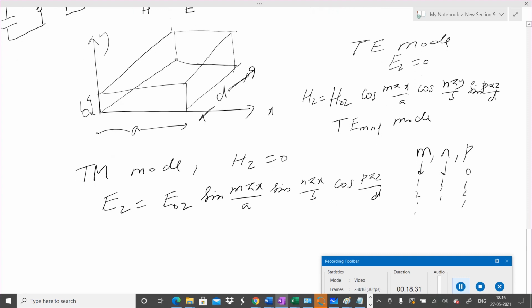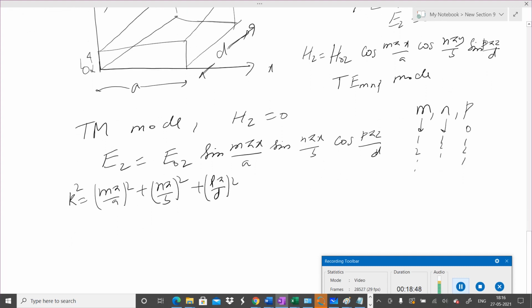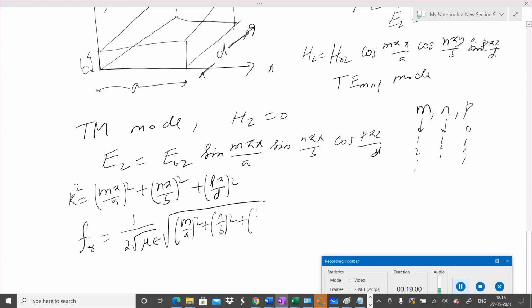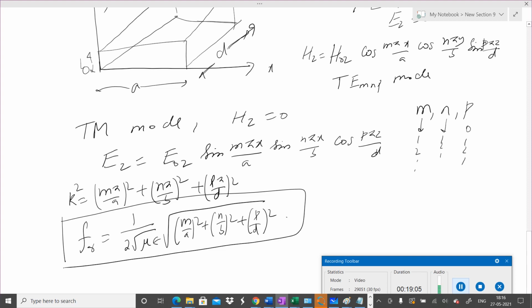And the wave number is given by k squared equals (m pi by a) squared plus (n pi by b) squared, and for the cavity now plus (p pi by d) squared. Corresponding to the cutoff frequency in waveguides, we now call it the resonant frequency, which is 1 over 2 root mu epsilon times the square root of (m by a) squared plus (n by b) squared plus (p by d) squared, both for TE as well as TM.